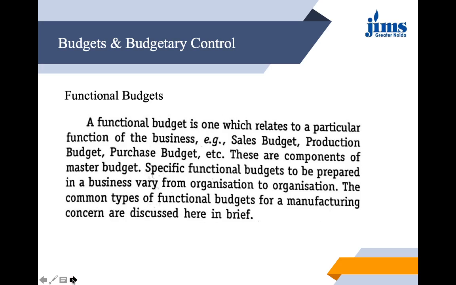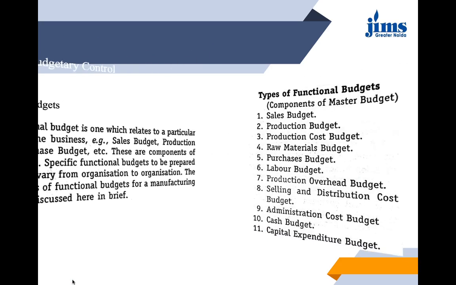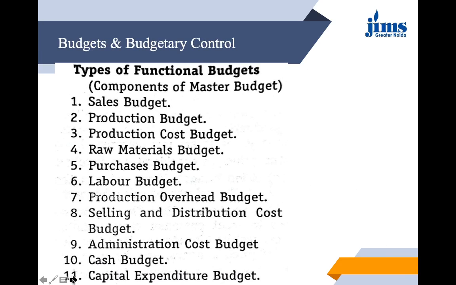Let us have a look at the common types. Make yourself acquainted with the names mentioned here. Then we will move forward and discuss each of them individually. Some of them may even have numericals, so we will be doing them as well.